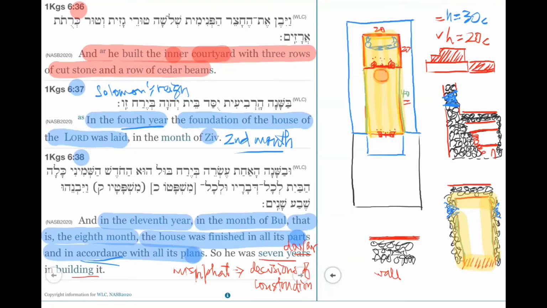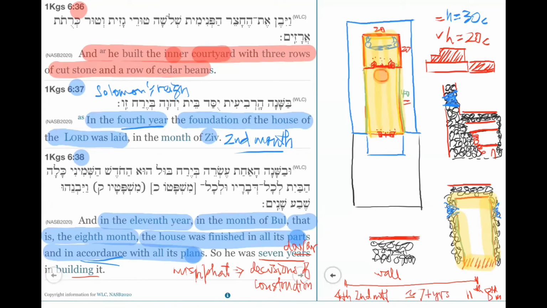So what we can see is in the fourth year and in the second month, it started all the way to the 11th year and the 8th month. And so all in all is approximately 7+ years.